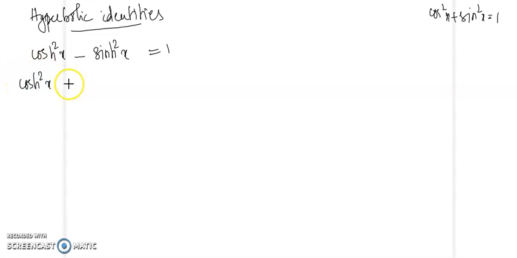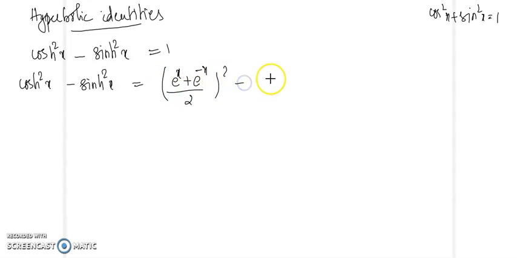When you take cosh square x minus sinh square x, that will be (e raised to x plus e raised to minus x by 2) whole square minus (e raised to x minus e raised to minus x by 2) whole square.